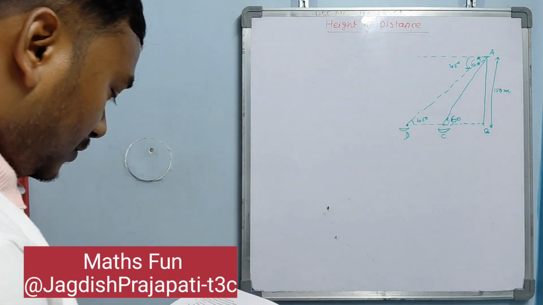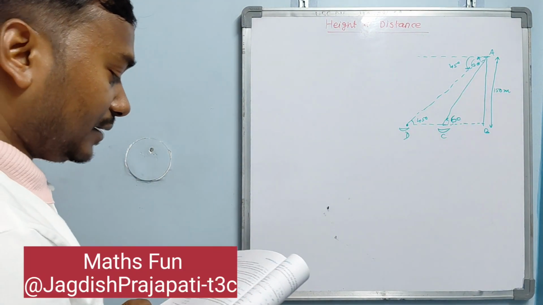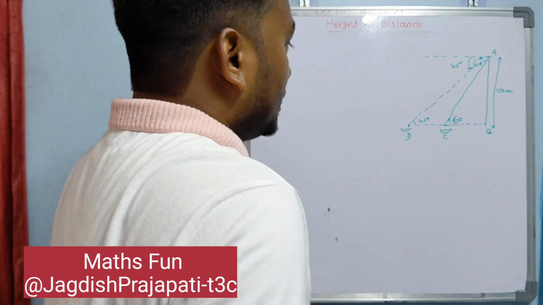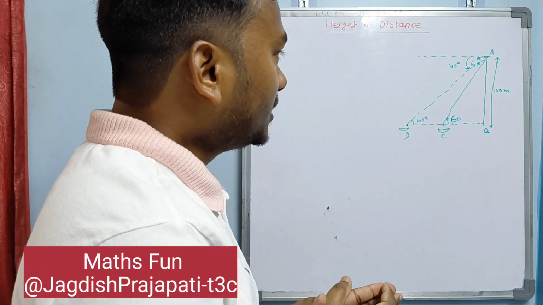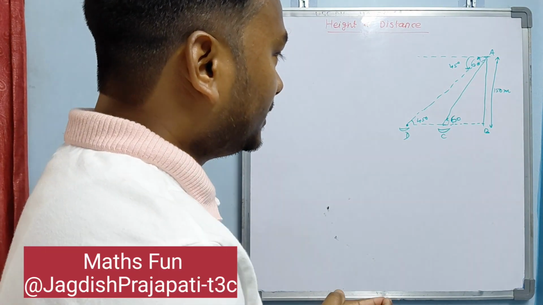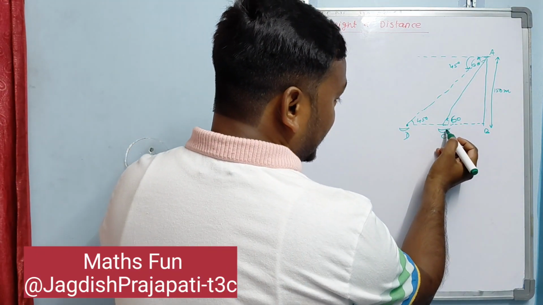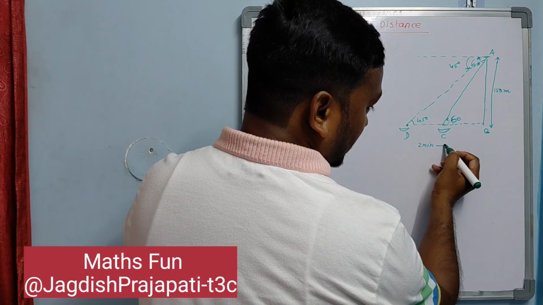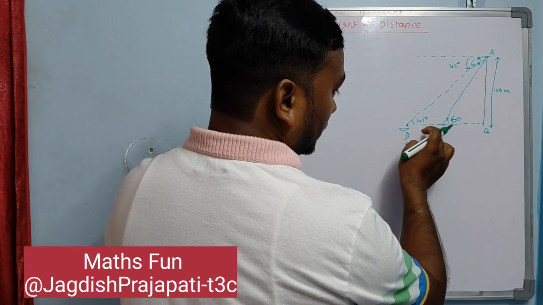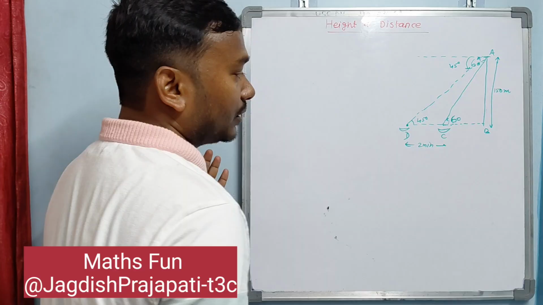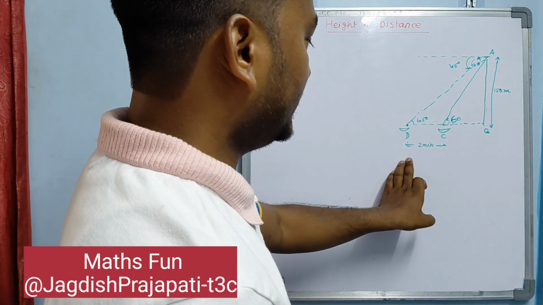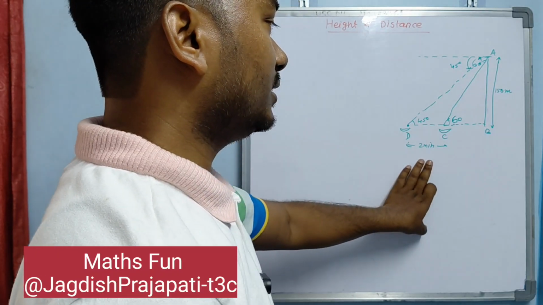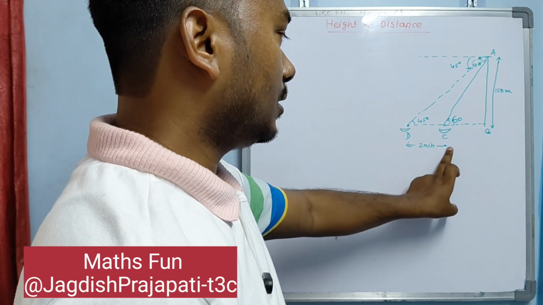Okay, so the problem is to find the speed of the boat. This is a little tricky. Here it is given the boat takes 2 minutes to go from point C to point D. Then we have to find out the speed of the boat.